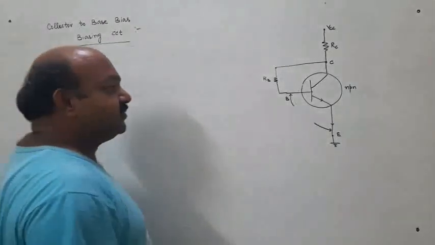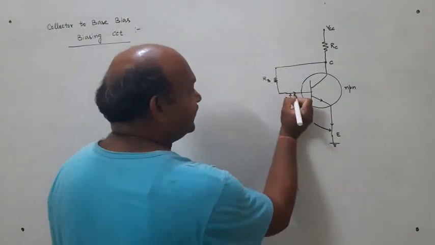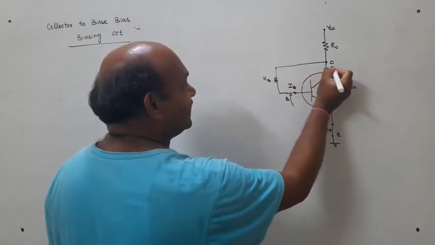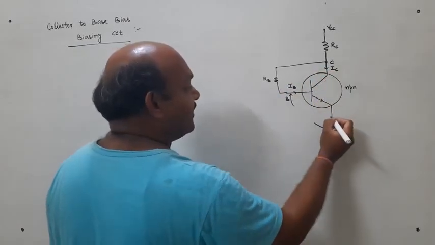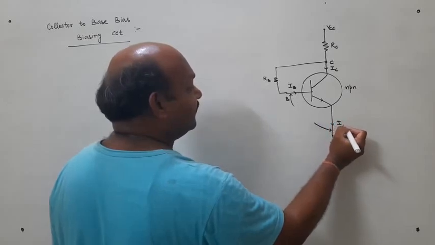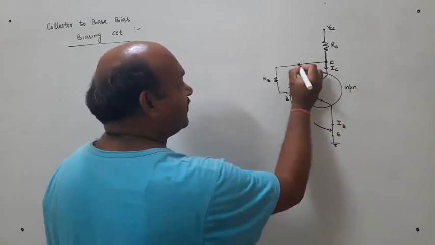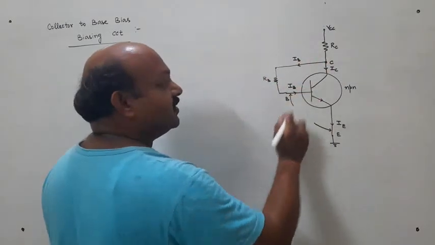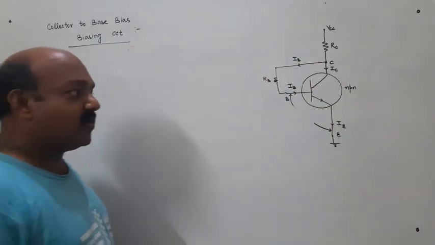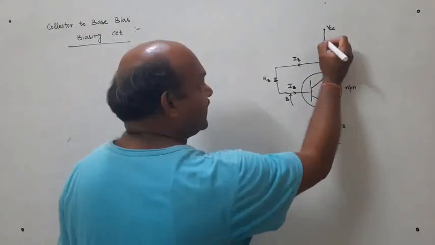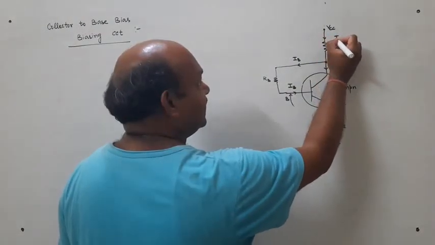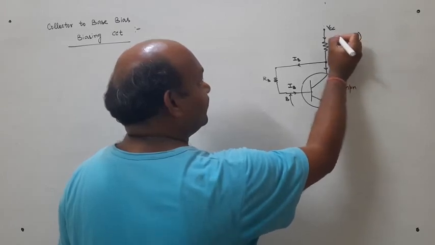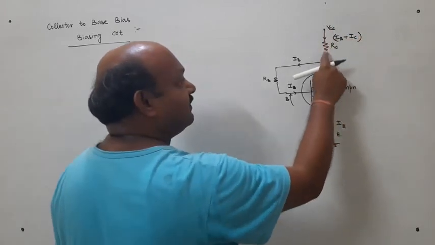So now we will show the various currents. Here base current, collector current, emitter current. Base current flows this way. If we apply Kirchhoff's law at this point, the current here will be IB plus IC.